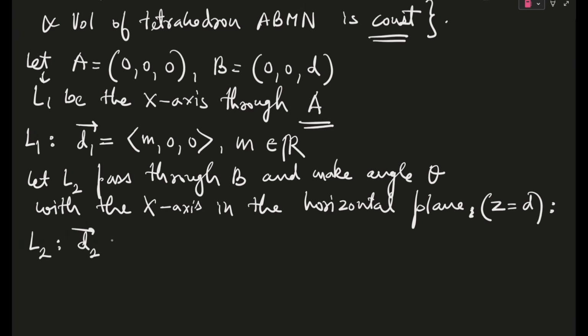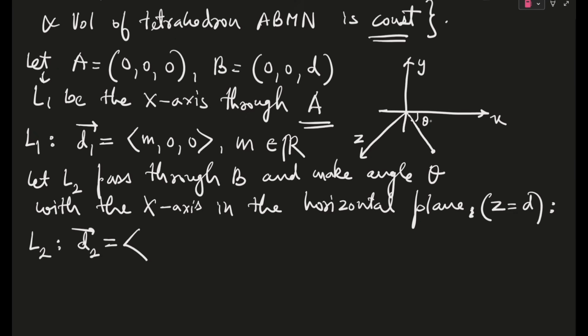Now try to visualize. If this is your 3D coordinate system, this is y, this is x, and this is z, then if the angle is theta, say this is the xz plane, and this ray going from A to B is like this, it is making an angle theta.